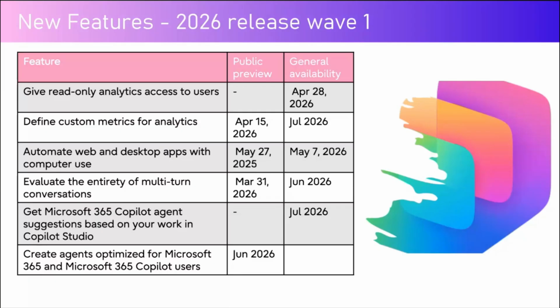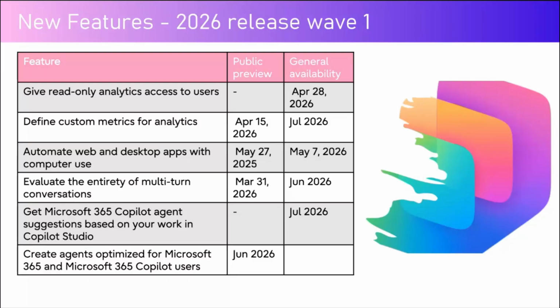So that will offer an experience similar to Agent Builder. And then these agents can also use topics, Power Platform connectors, agent workflows, and have access to analytics and evaluation.